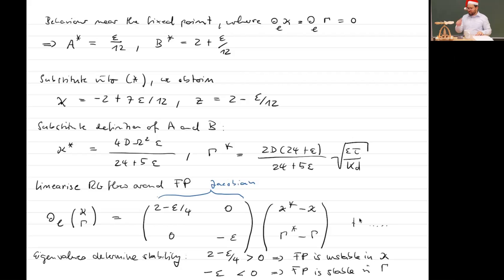And what this means, if you think about our language that we introduced at the beginning of the lecture, is that the parameter kappa drives us away from the critical manifold, and the parameter gamma basically pulls us into the renormalization group fixed point.